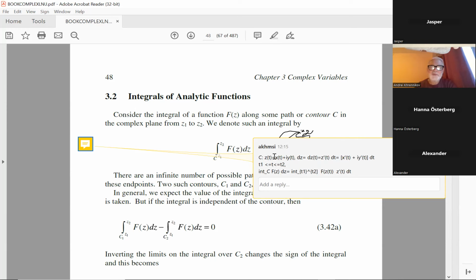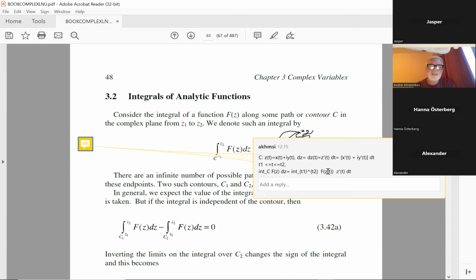This is coordinate x depending on t, coordinate y depending on t. How do we find dz? As usual, dz is z prime dt, that is, x prime(t) plus i y prime(t), dt. So now the integral over this curve of f(z) dz is just the usual one-dimensional Riemann integral from t1 to t2.